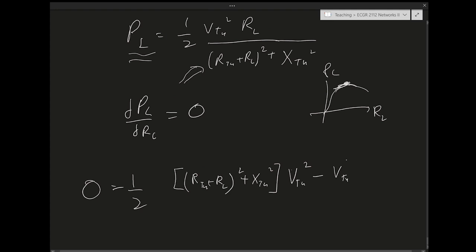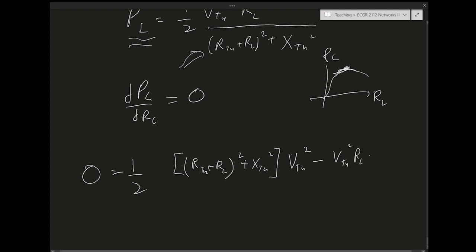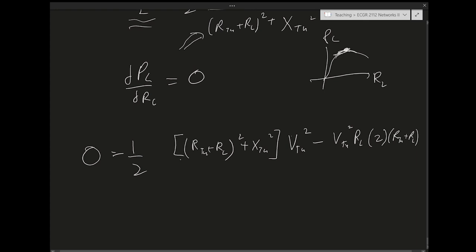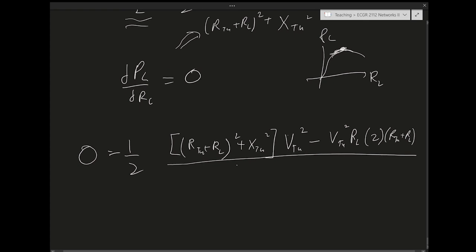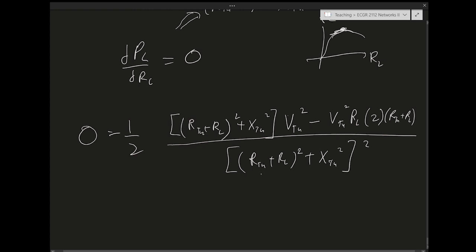That's the quotient rule. I'm applying the quotient rule. So the derivative of the denominator is going to be 2 (R Thevenin plus RL), right? Over the denominator squared. So this is going to be over (R Thevenin plus RL) squared plus X Thevenin squared, the whole thing squared. This denominator will not matter because I have a 0 here.